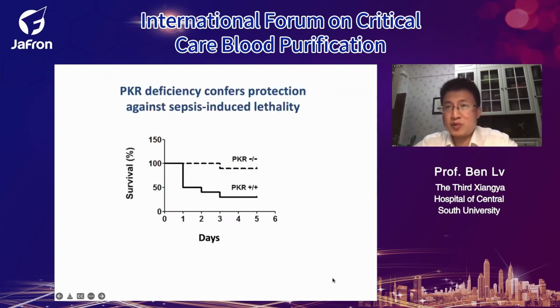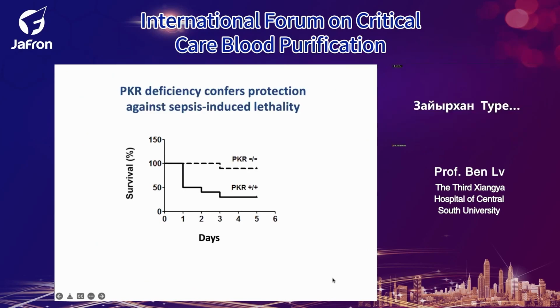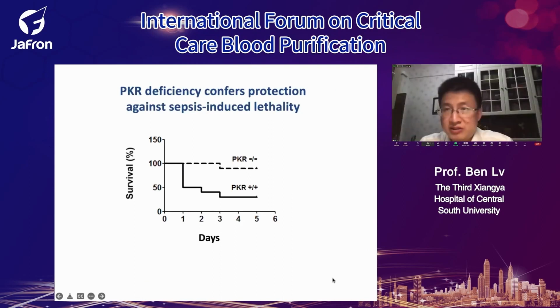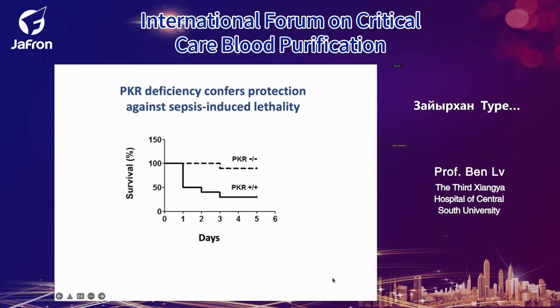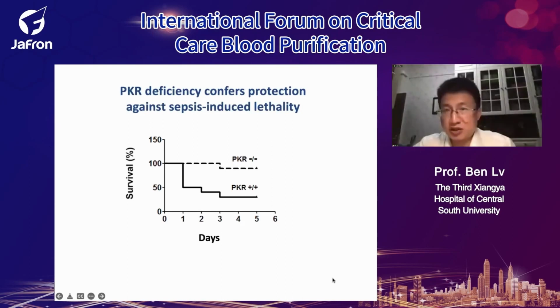HMGB1 is important: if we use an antibody to neutralize this mediator, we can save a lot of mice in experimental sepsis. And if we use a genetic model and delete the PKR gene, we reduce HMGB1 release and significantly improve survival during experimental sepsis.